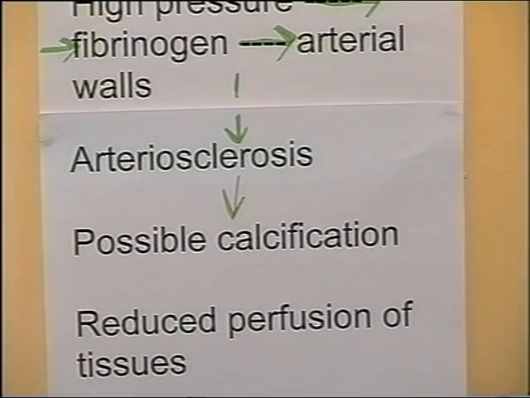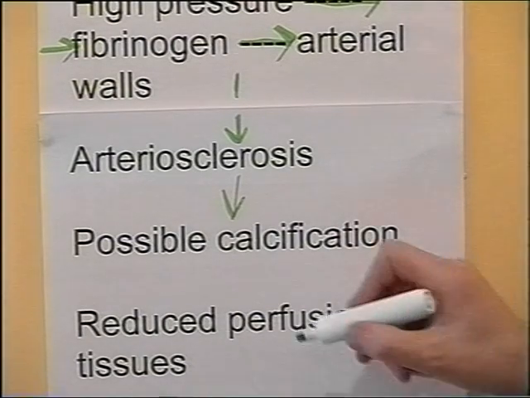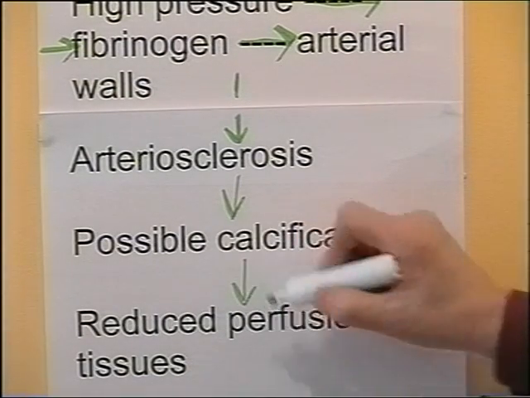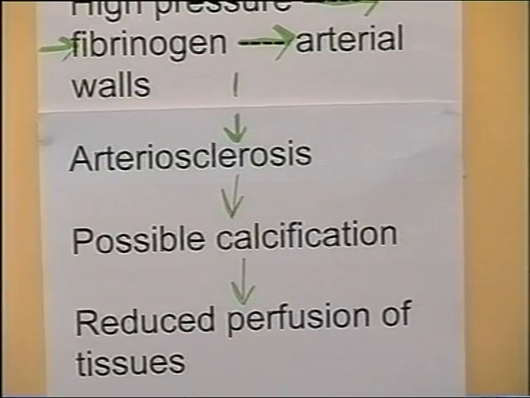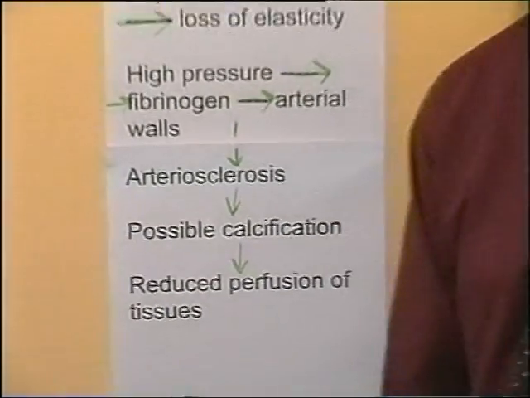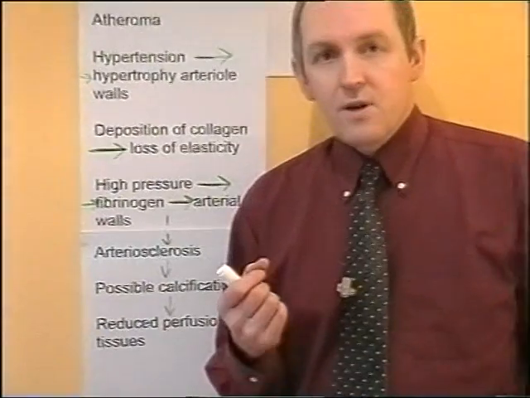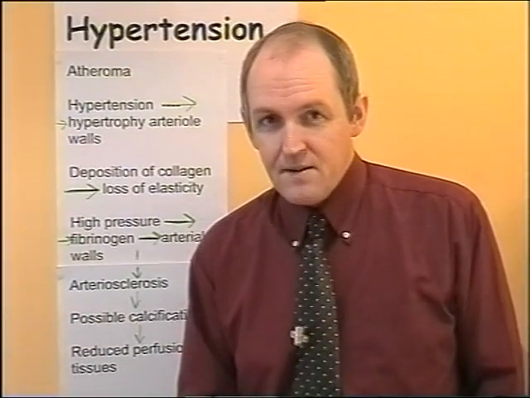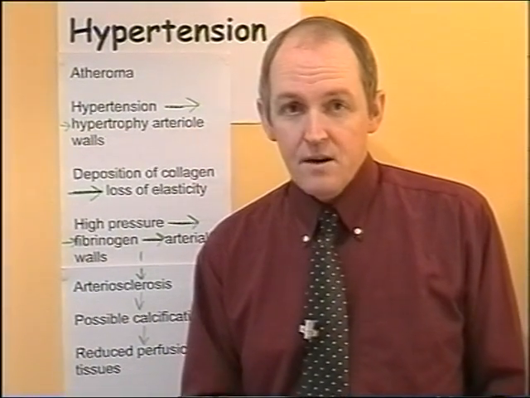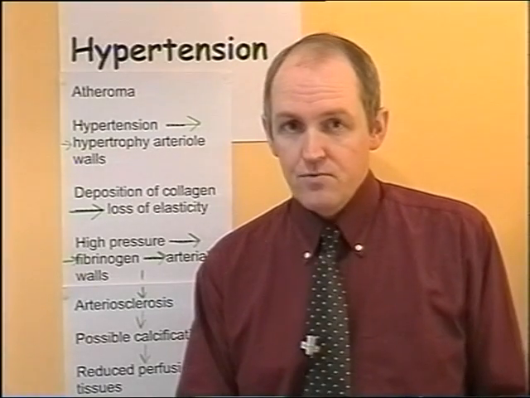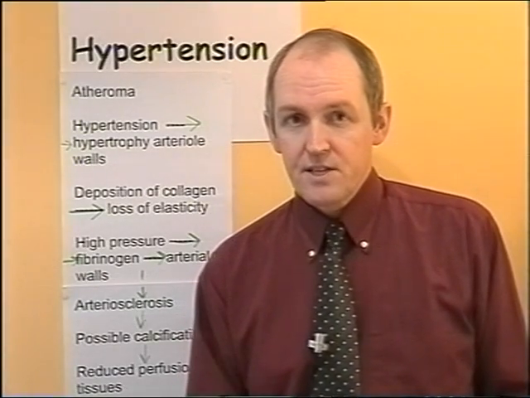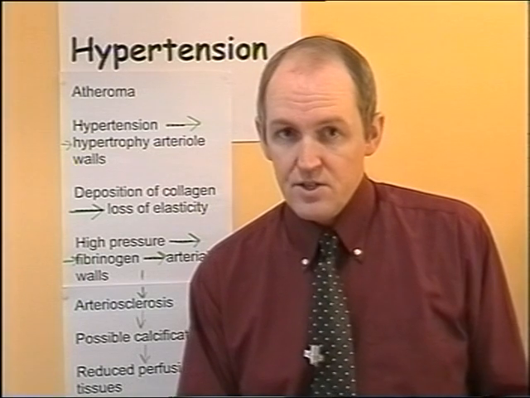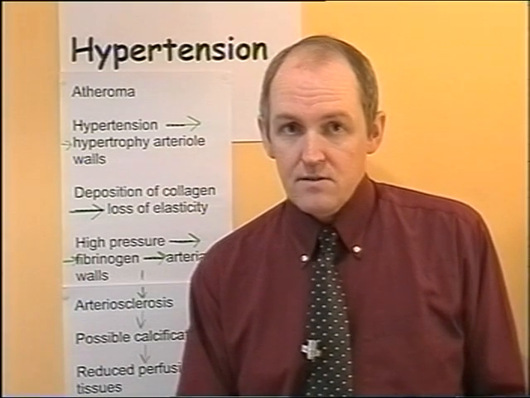It can be very, very hard. So the irony here is that you end up with reduced perfusion of the tissues. So even although the blood pressure is high, the tissues end up being hypoperfused because of the disease that the hypertension causes in the arterial vessels.